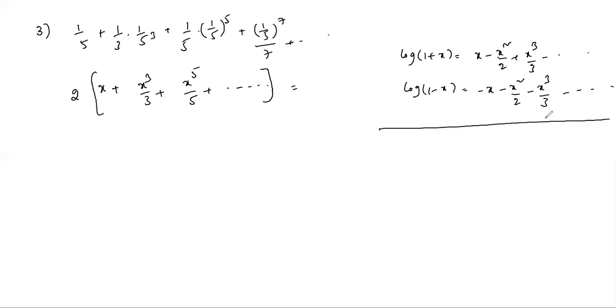By subtracting, log a minus log b is log a by b, so log 1 plus x by 1 minus x. So by subtracting, 2 times x plus x cube by 3. The even terms will cancel, so again we will get x cube by 3 plus and so on.